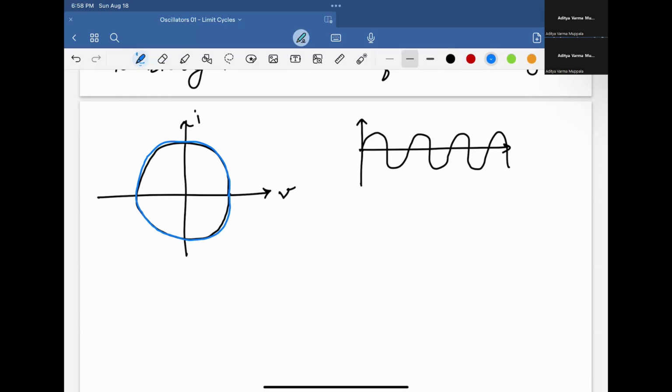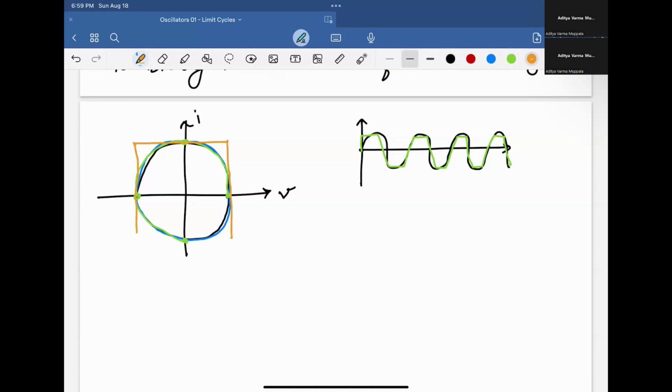For example, if I'm stuck here, and then I make a quick transition to here, and it's very slow in this region, and a quick transition, very slow here, quick transition, very slow here, that would look something like a square wave. At the same time, you could have a constant angular velocity and still have a square wave if the limit cycle looks like a square.